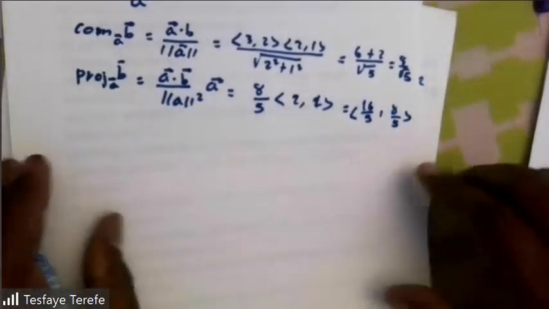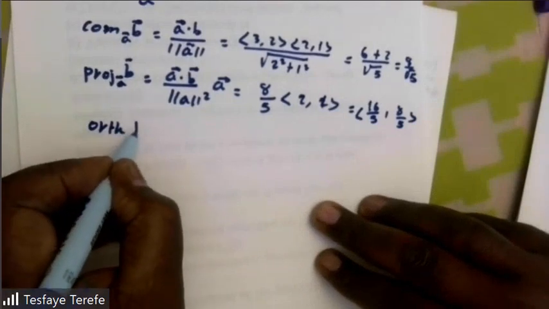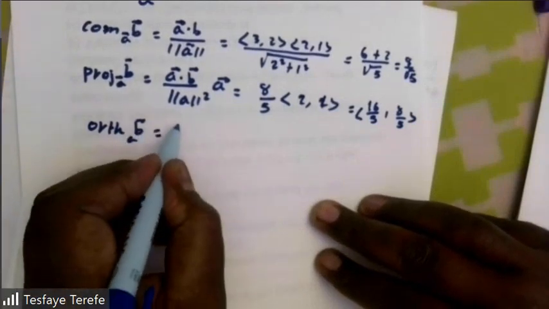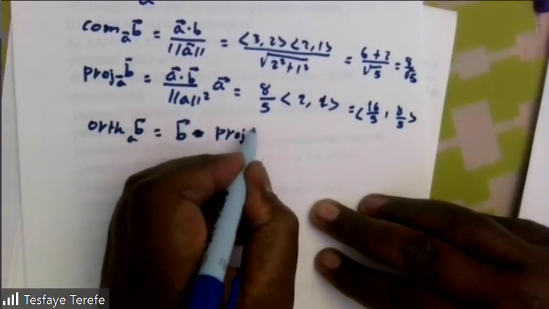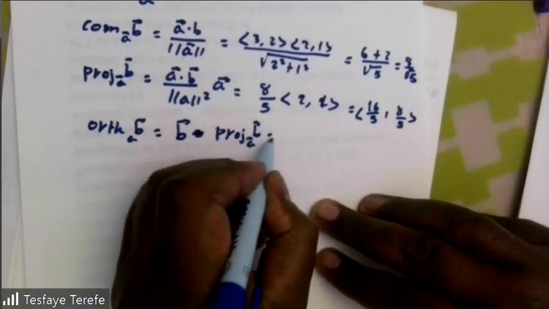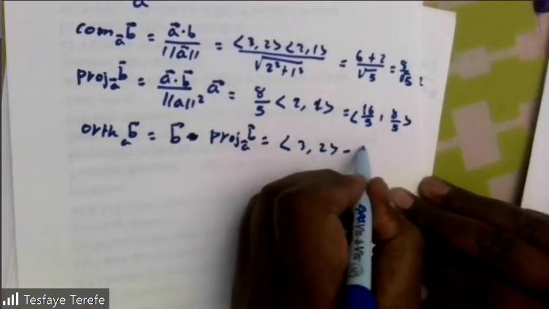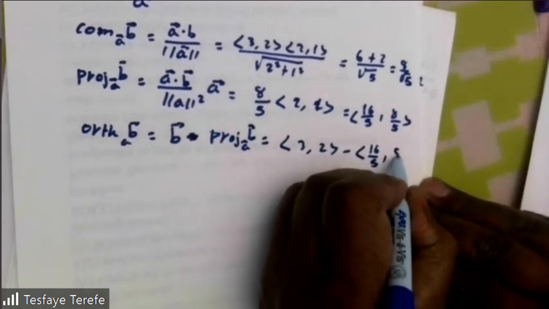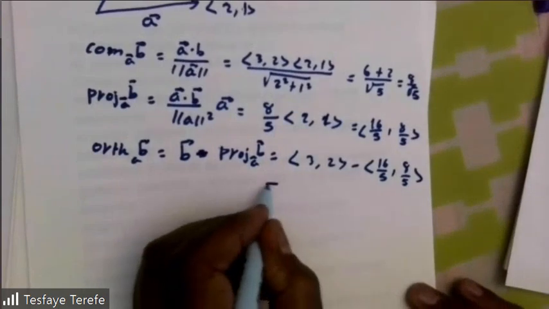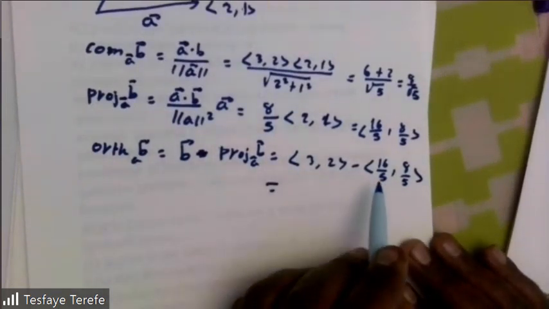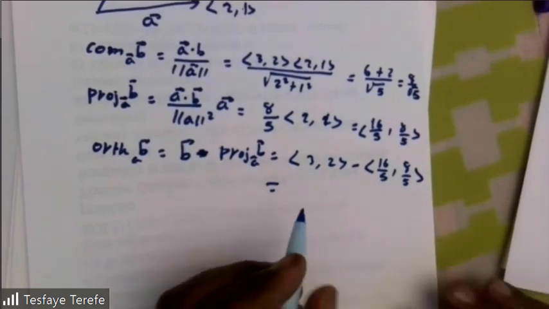And now, what will be the orthogonal of B on A? That means from vector B, you subtract the projection of B onto A. Vector B has a component of (3, 2), and you are subtracting (16 over 5, 8 over 5). Now this will give us, from 15, because 3 times 5 is 15, you subtract 16, you'll get -1.